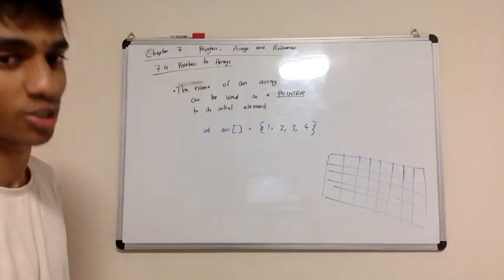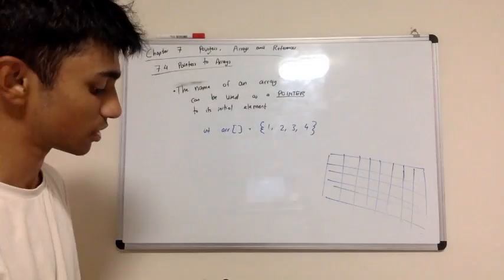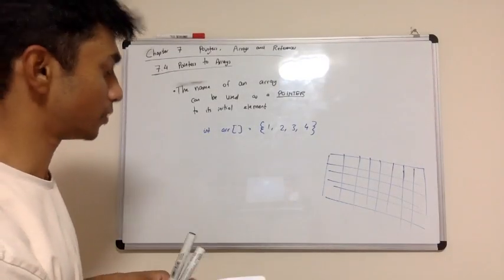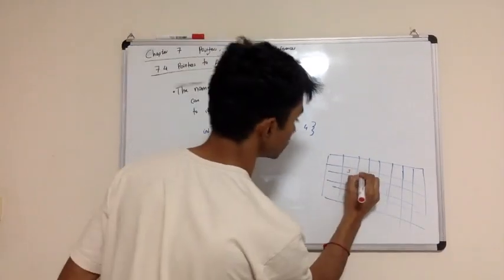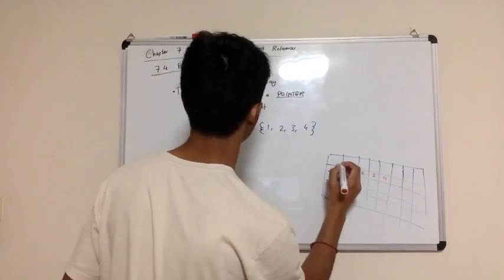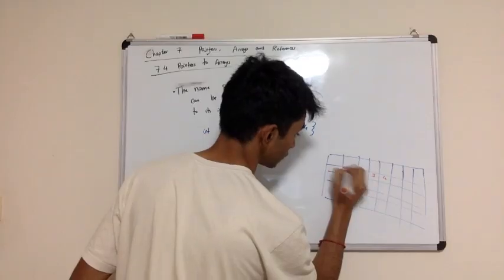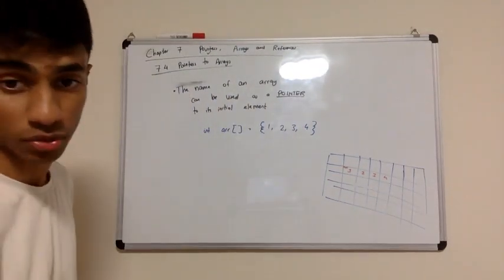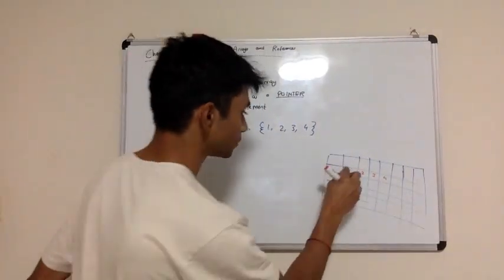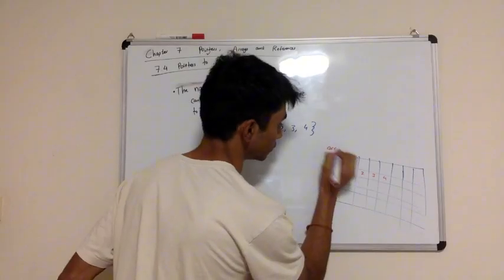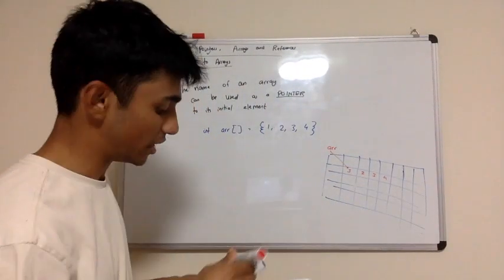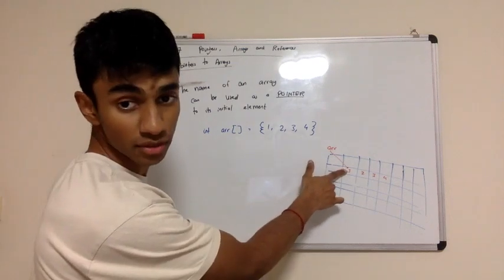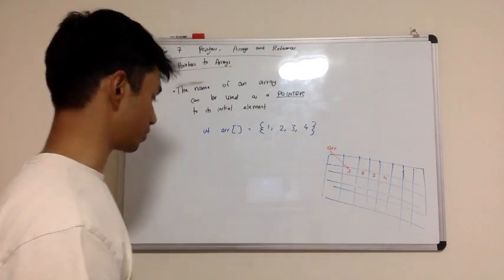For this instance, we're just going to pretend that each grid cell represents 4 bytes. So 1 would be stored in 1 cell, then 2, then 3, then 4. The array name would be associated with that first element. Okay, 1, 2, 3, 4 in memory.